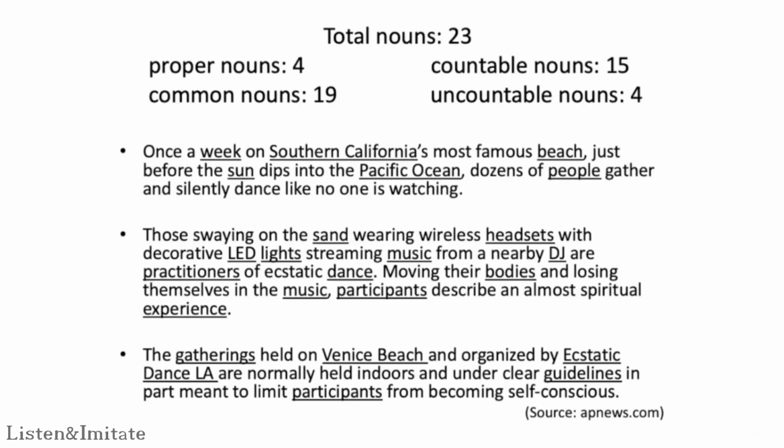In this article, there are a total of 23 nouns. There are 4 proper nouns: Southern California, Pacific Ocean, Venice Beach, and Ecstatic Dance LA.